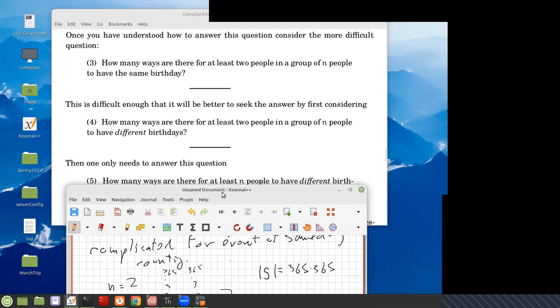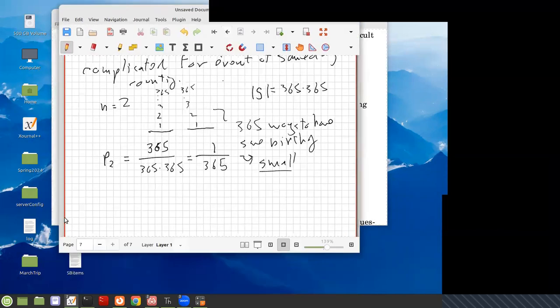Okay, because if we go here to P3 and we want to do the counting, well, we have 3 people. Well, the sample space size for 3 would be 365 cubed, 365 times 365 times 365. But then how many ways could 2 people have the same birthday?